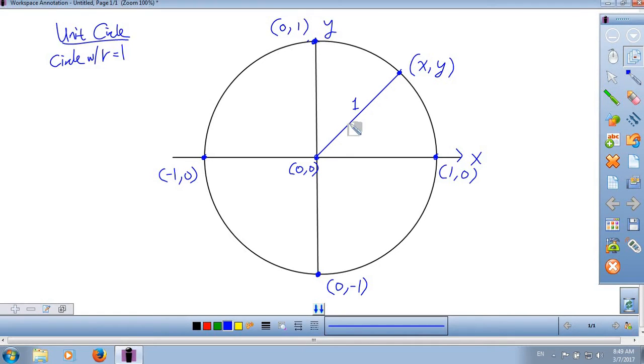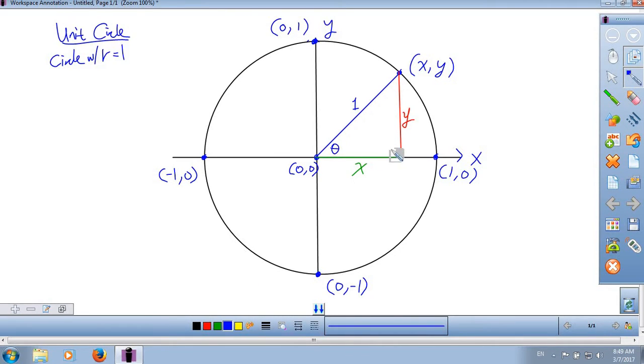Do you remember we defined the functions of any angle using this kind of setup? So the x distance of that coordinate is this green segment, and the y distance is represented by this red segment.